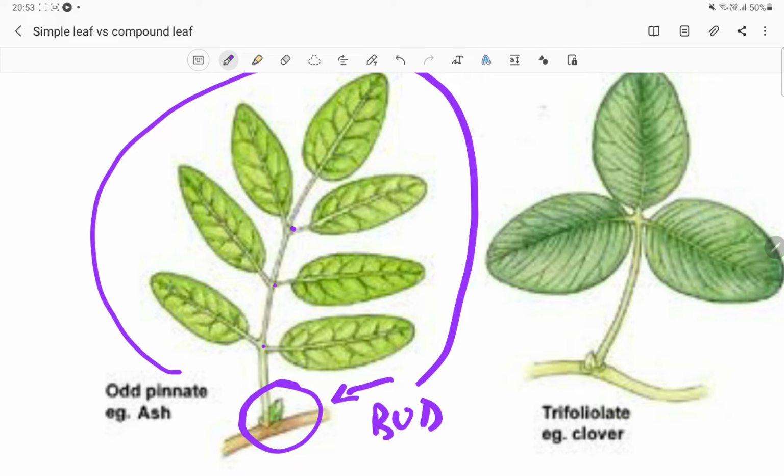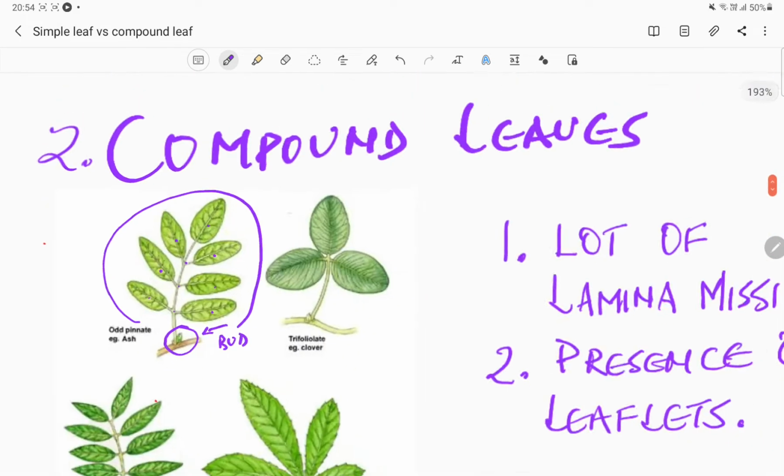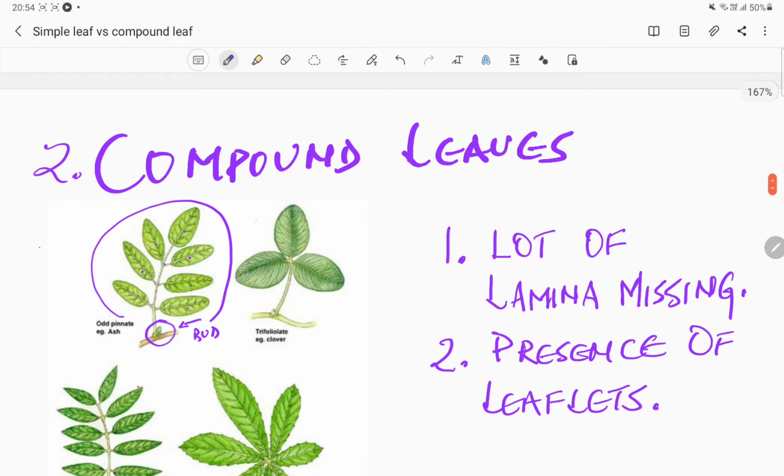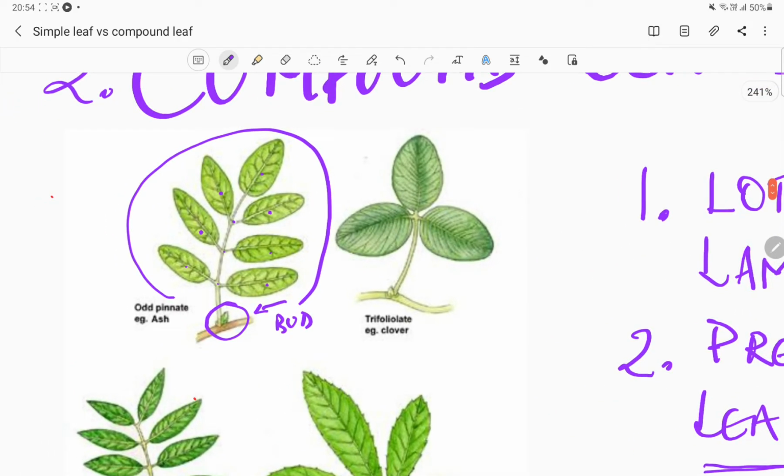But if this is a big single leaf, what are these? Well, these tiny leaf-like structures are called leaflets. And I'm writing them here. I've written them here, point number 2. So a compound leaf has got many leaflets and the bud is present. There is only one single bud.